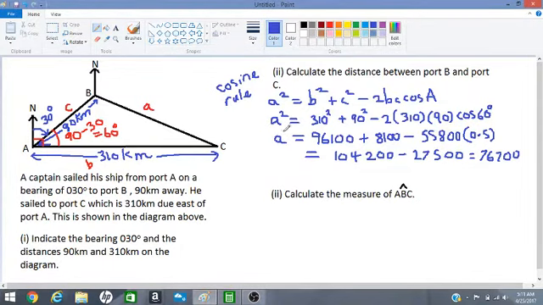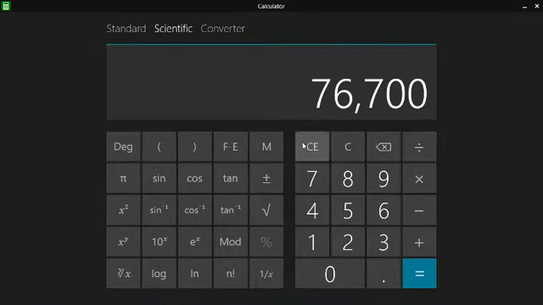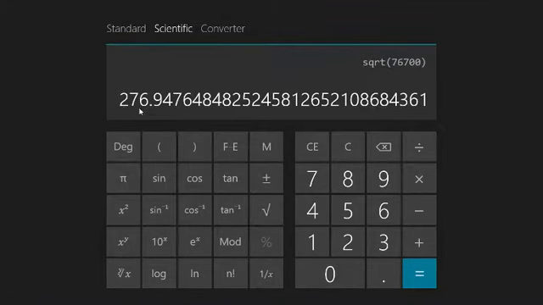Okay, we want to find a, so therefore we have to take square roots on both sides. a will be the square root of 76,300. That's obtained from our calculator. 276.947.